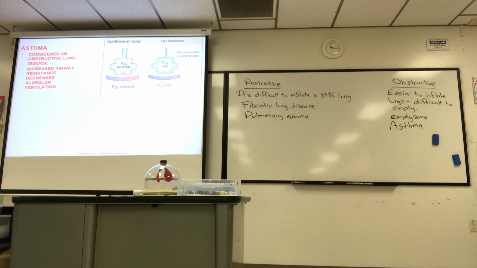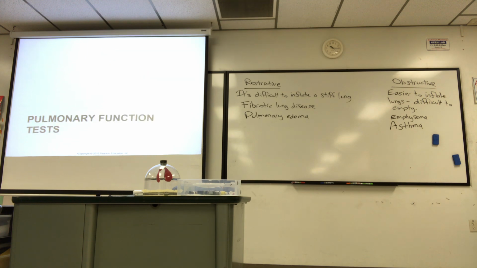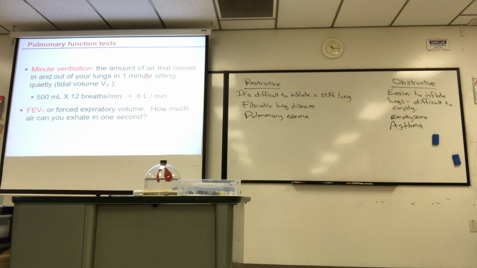So oxygen tension will be low. Well, those are some common diseases, restrictive and obstructive, and the test that we can do in the lab, well, what you could do is just measure the minute ventilation by measuring tidal volume and multiplying by the number of breaths.